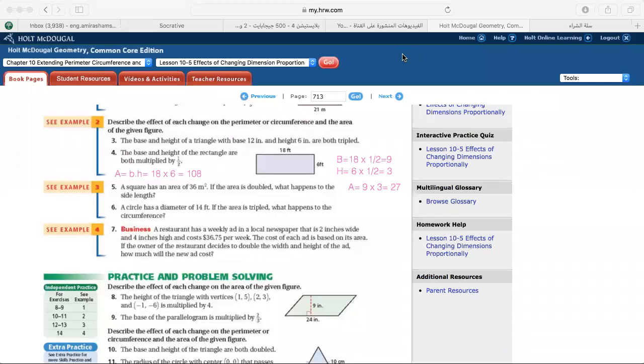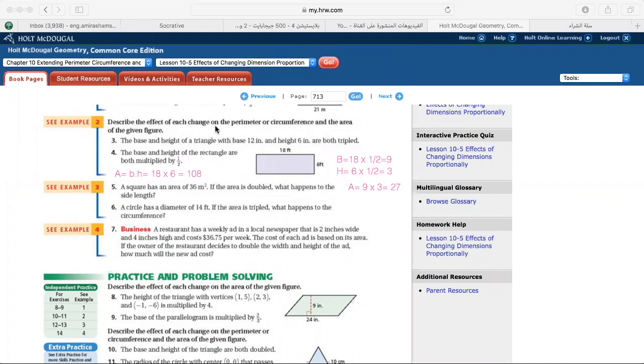So what you see here, girls, the area before is 108 and the area after is 27. What happened here? Okay, I will tell you.